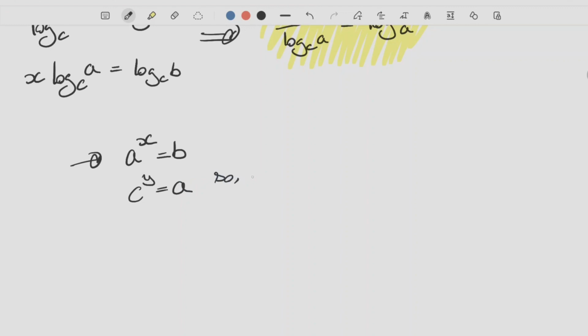So if we wanted to express b in terms of c, say we had a better handle on log base c than log base a, so we wanted to find b in terms of c.